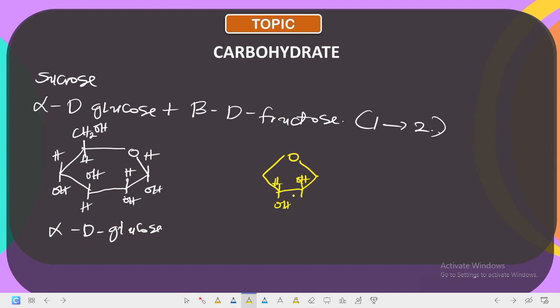Here is H. Here is H. And then on top here you have H, and here is C2, OH, and then here you have OH, and then you have still the same thing, CH2OH, like this. Now this is the structure of fructose.